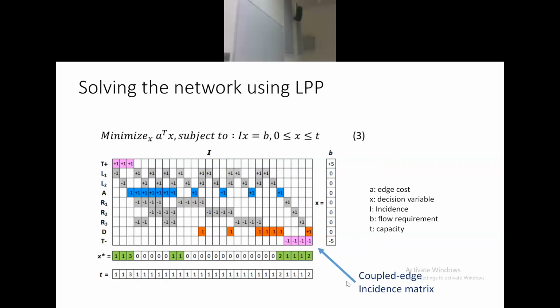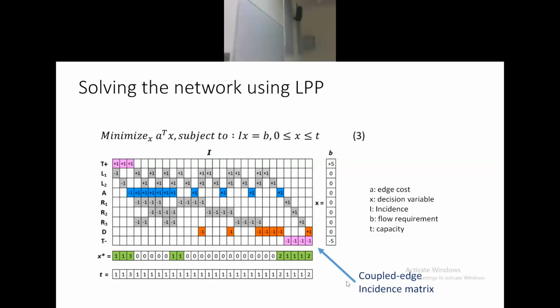The only twist here is it's not just a simple incidence matrix, but a coupled edge incidence matrix. Coupled edge in the sense that more than one edge exists from one particular point. So if you look horizontally, these are the nodes. T plus is my source node, L1, L2 on the left hand side, the appearance node. These are the right hand side players and ball.